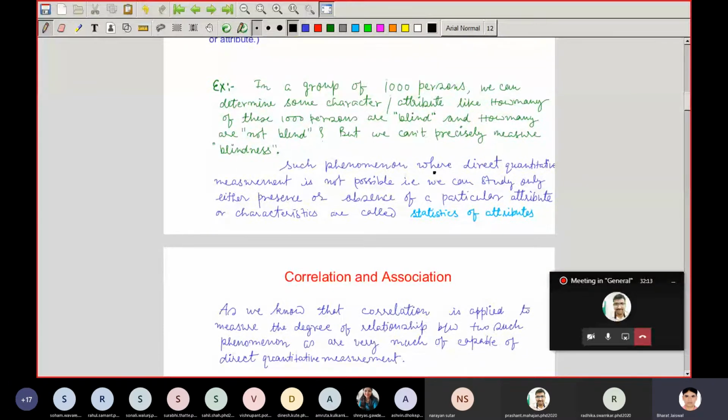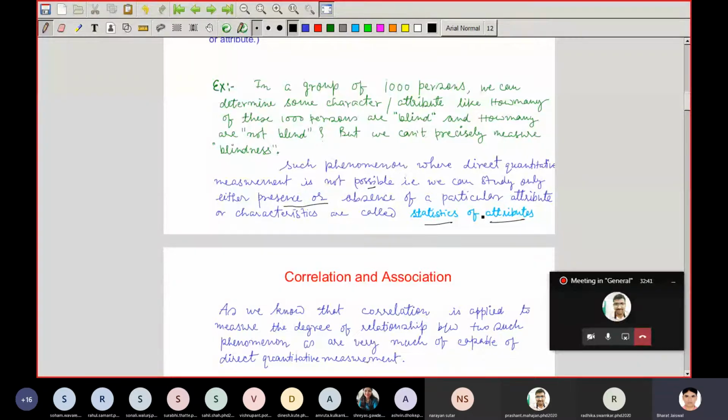So there are some phenomena whose direct quantitative measurement is not possible, so we can study only either the presence or absence of a particular attribute or characteristic. That is called the statistics of attributes. Such analysis can be done between two or more attributes or characteristics, to what extent they are associated, and this comes in the category of association of attributes.